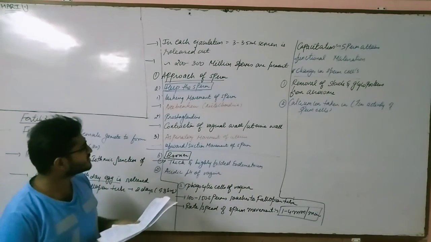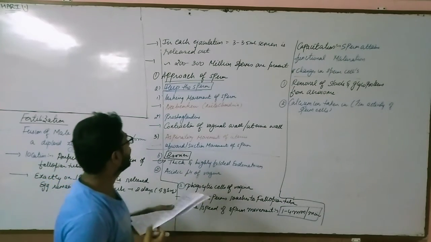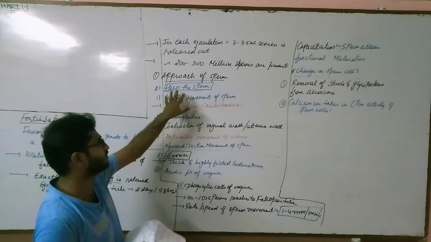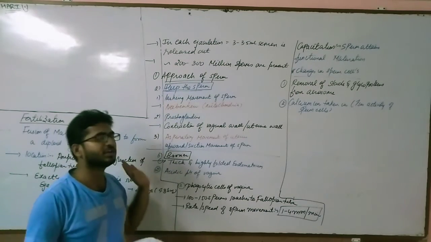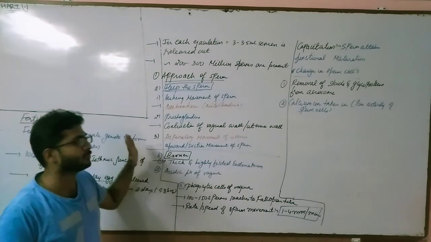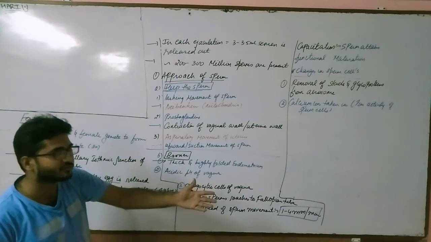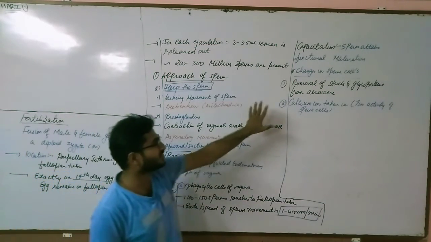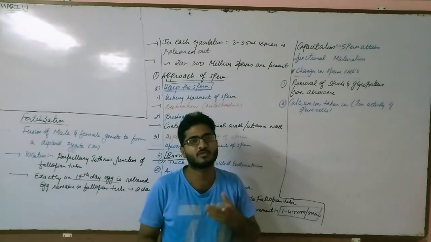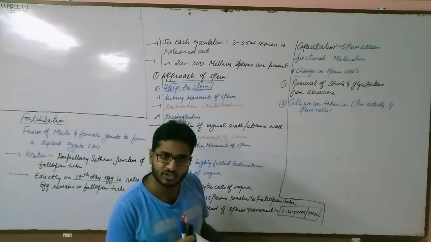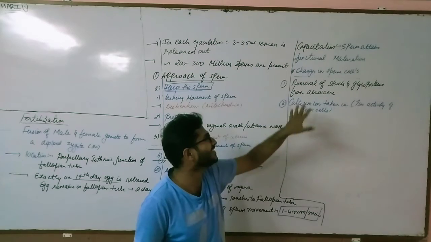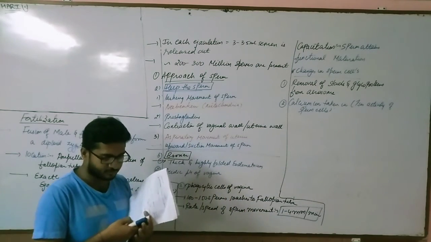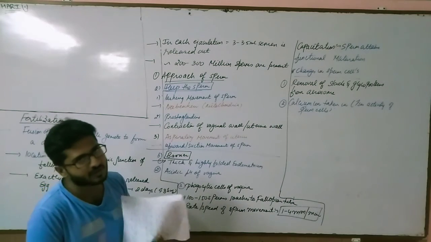So this is the first step, which includes the approach of the sperm. Positive approach, that is the structure which helps the sperm to reach the fallopian tube, that is the ampullary isthmic junction, in order to facilitate fertilization, and certain structures which act as a barrier. Capacitation, that is the process in which sperm attain functional maturation or physiological maturity, and these are the two changes that take place within the sperm structure when the sperm is in the female reproductive tract.